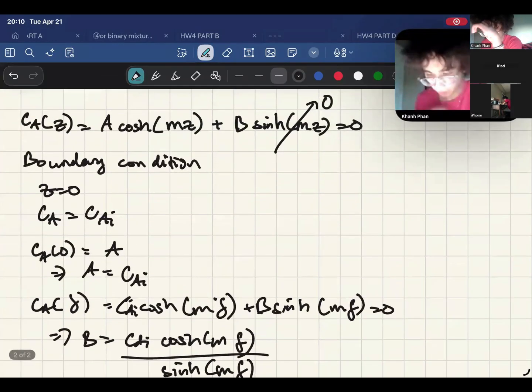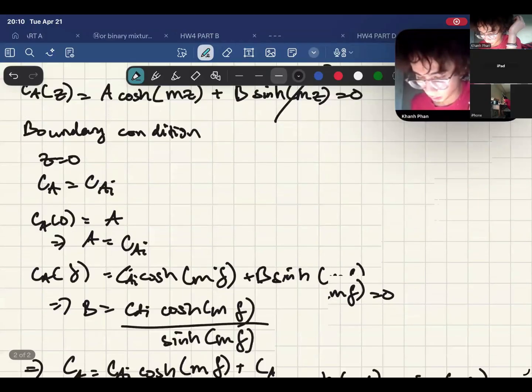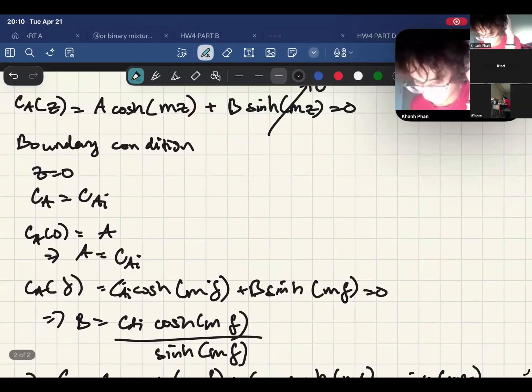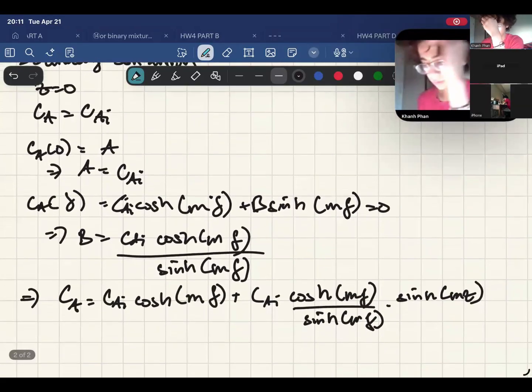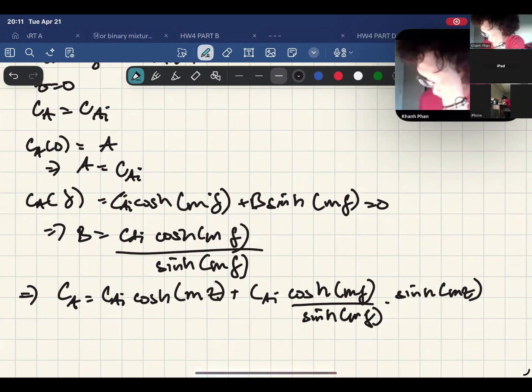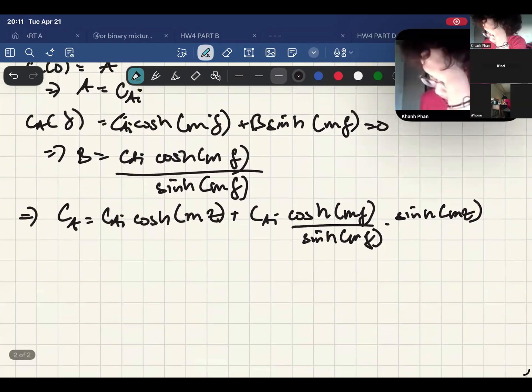Let me double check. Oh, just one over here should be mz. So that's the complete equation that we have, and then we're going to simplify it.